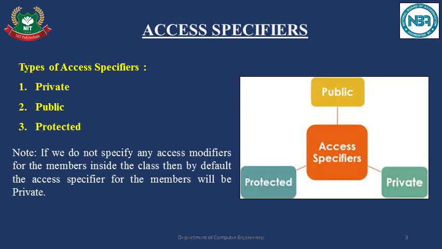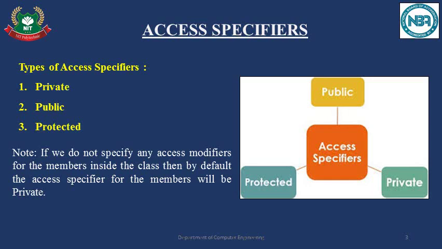Now the types of access specifiers. In C++ there are three types of access specifiers. The first is the private access specifier, the second is the public access specifier, and the third is the protected access specifier.